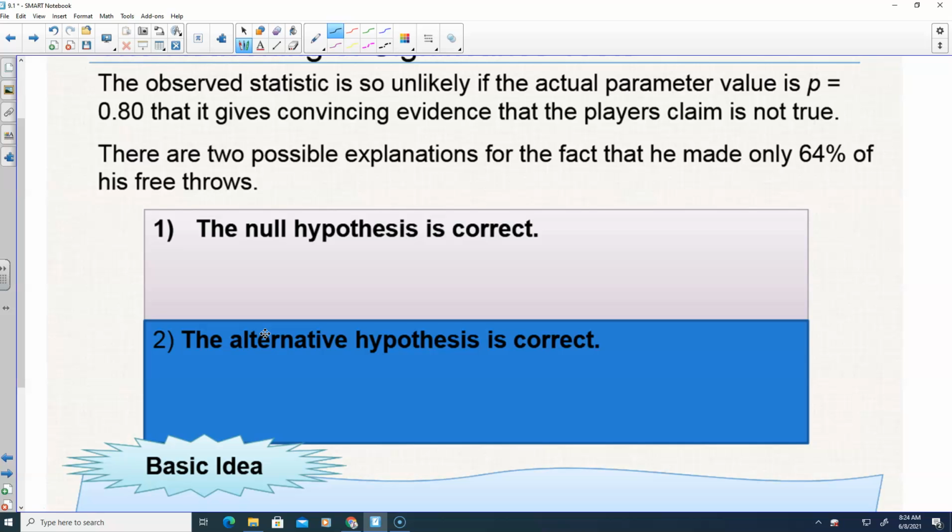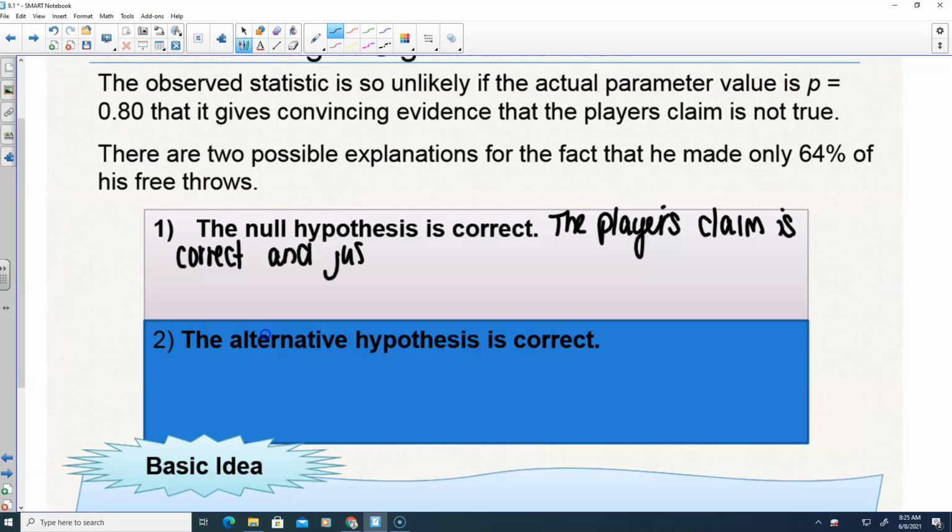So the two things that could happen here is that the player's claim is correct. He actually is an 80% shooter, and just by chance, he had a really bad day. That happens, right? There were 3 out of 400 possibilities there.